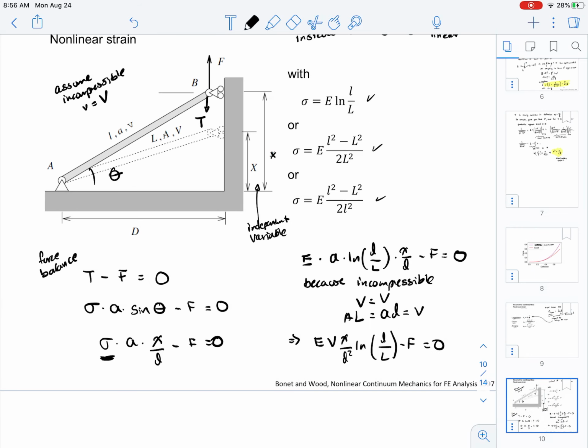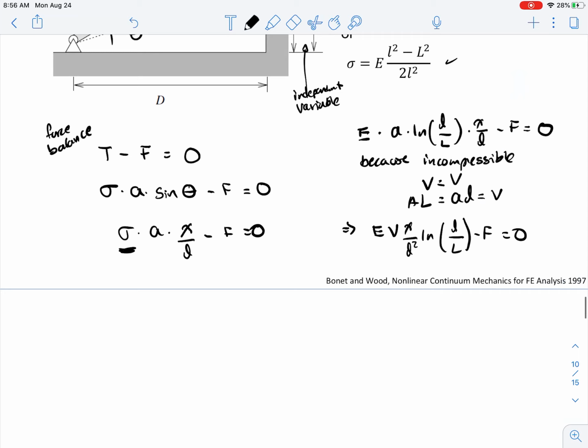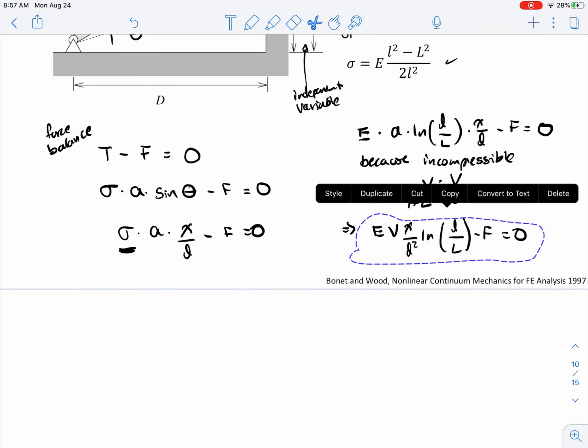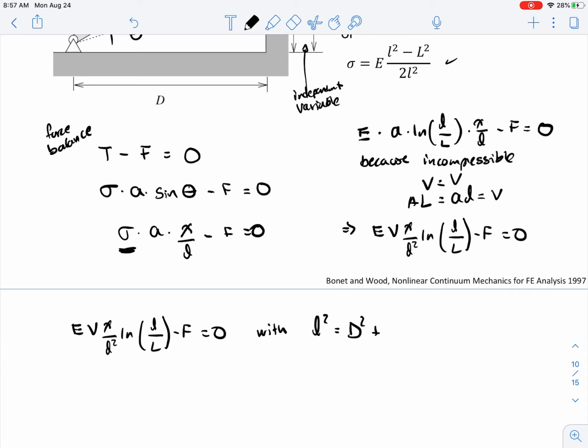Now if we want to put everything in terms of a single variable, so let me just copy this. So that's it, with l squared equals D squared plus x squared.